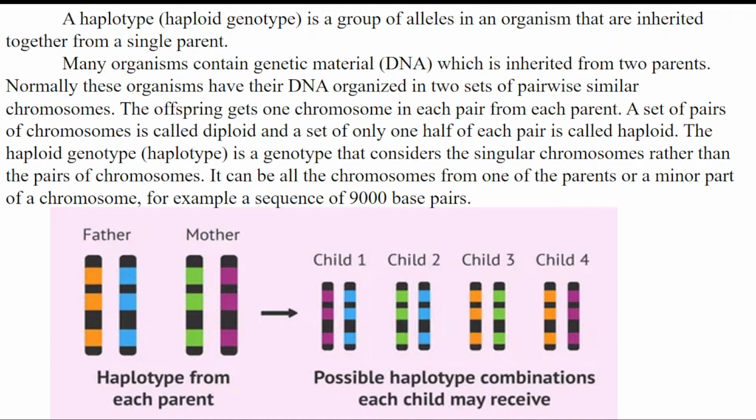A set of pairs of chromosomes is called diploid, and a set of only one, half of each pair, is called haploid. The haploid genotype, haplotype, is a genotype which considers the singular chromosomes rather than the pairs of chromosomes. Each can be all the chromosomes from one of the parents or a minor patch of a chromosome, for example, a sequence of 9,000 base pairs.